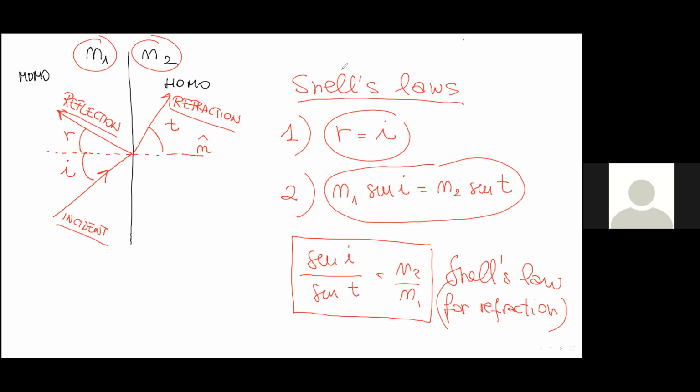If the two refractive indices are the same, you have the same medium left and right, the ratio is 1, the two angles are the same, and light goes straight. If the refractive indices are much different, the two angles will be much different from each other. Now, Snell's law is a geometrical law. It gives you information only on the angles of propagation of light beams.